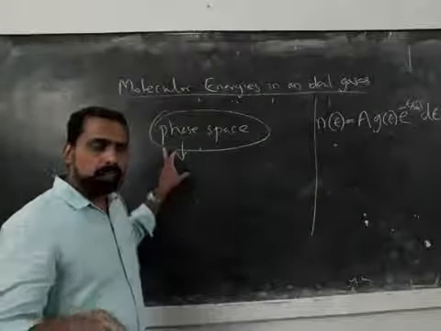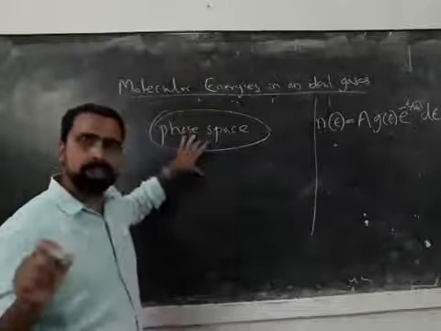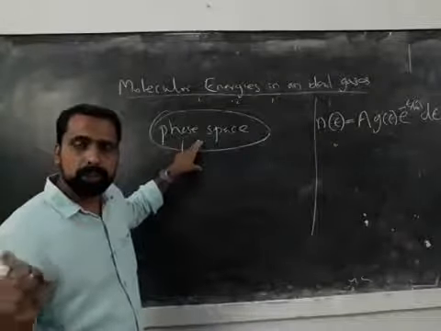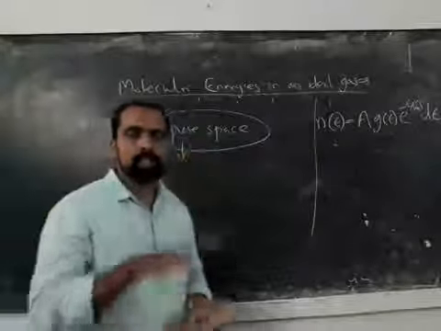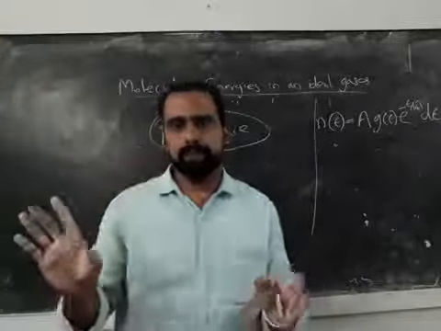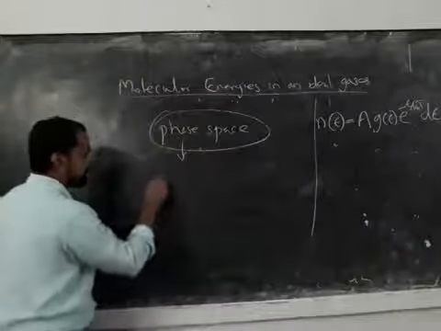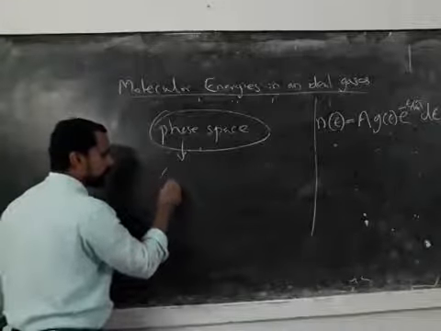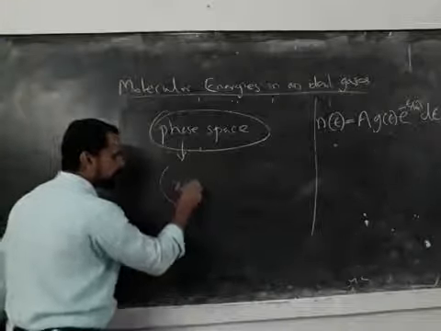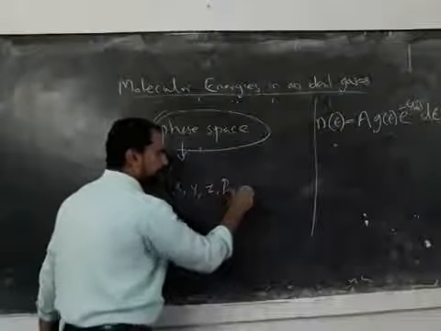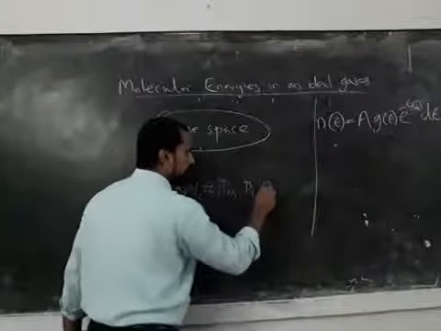For the time being, what you have to understand is that in the phase space you have 6 coordinates: 3 positions and 3 momenta. You can write the position as x, y, z, then px, py, pz.